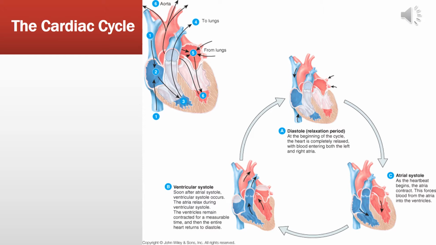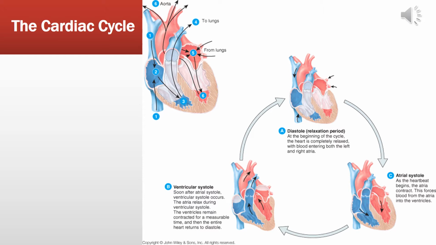Now we're just going to look at what I started talking about in the last part of that slide. In part A here, we're in diastole, which means both the ventricles and the atria are relaxed.